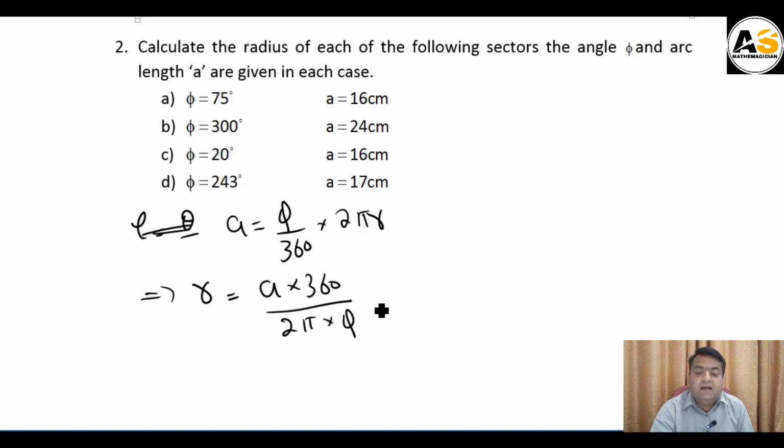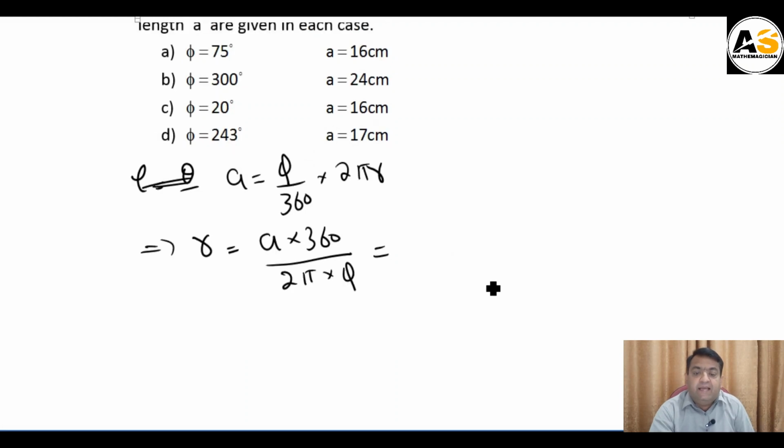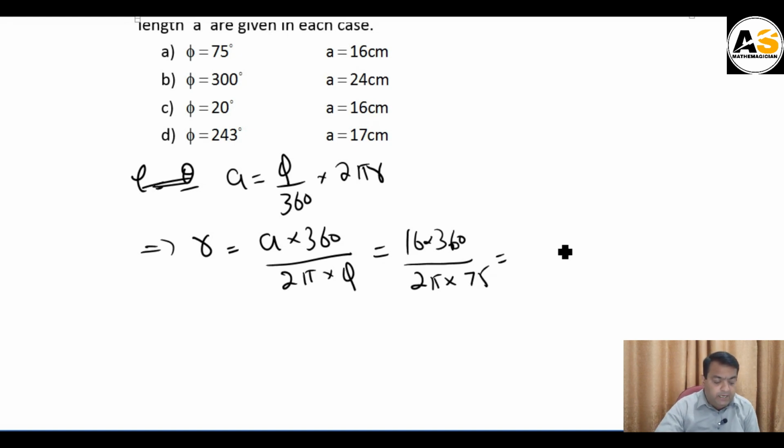For part 1, A is 16 multiplied by 360 divided by 2 pi multiplied by phi. Phi is 75. If you use your calculator to find the value, you will get r equal to 12.2 centimeter.